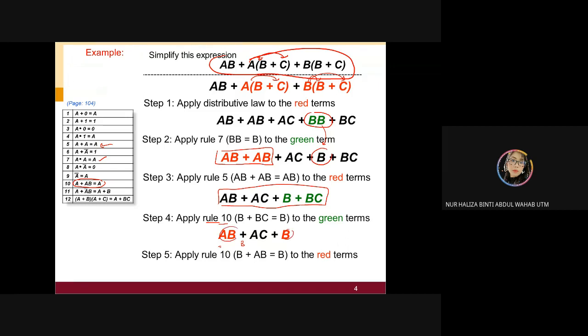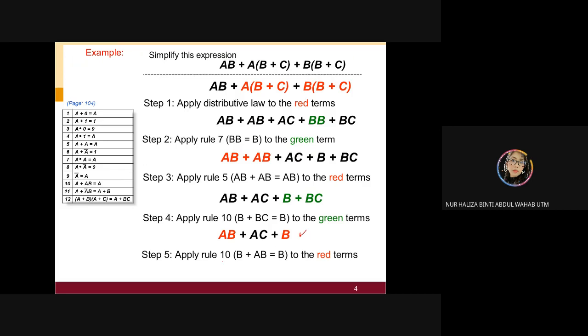So we use rule number 10, which we already proved in our module 4A. So no need for us to show it again. Look back at your 4A module, and over here we will get A plus AC. This is in terms of simplification. So please make sure, I already gave you the hint.